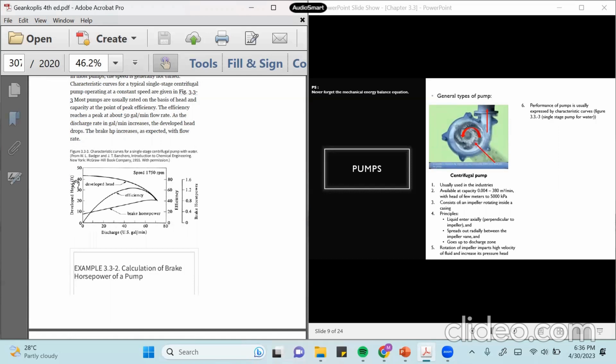If you know the developed head, then you know the efficiency. If we know the brake horsepower, then we know the efficiency and developed head.